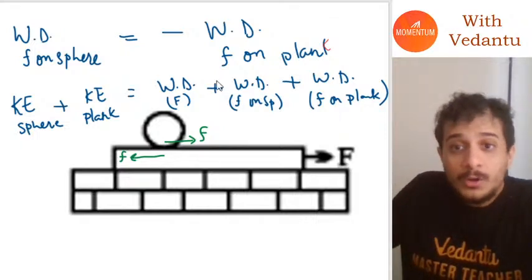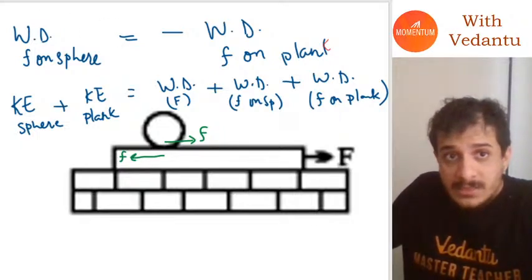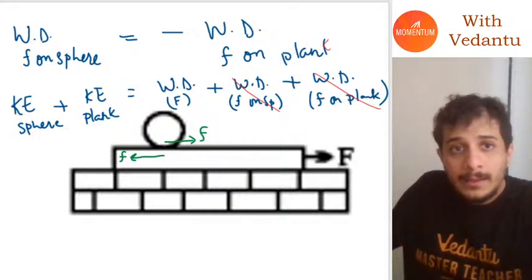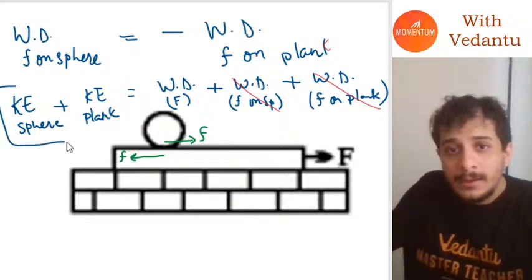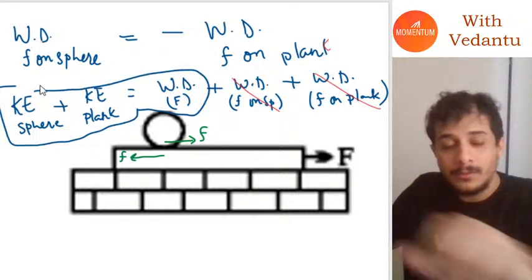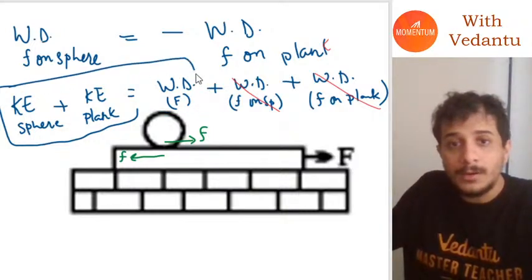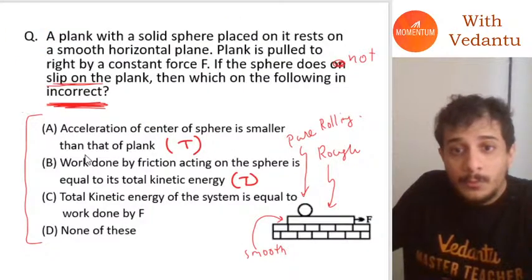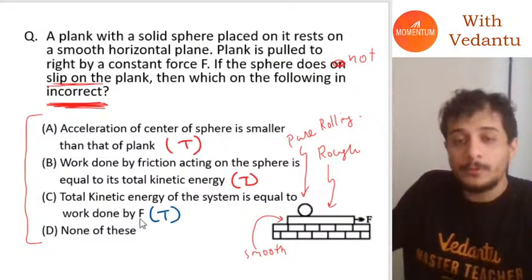And I know that these two will just cancel each other out. So overall, what will I get? I will get kinetic energy of the system. The total kinetic energy of the system will be nothing but work done by the external force F. So therefore, this statement is also true.